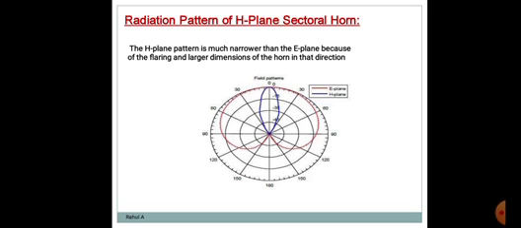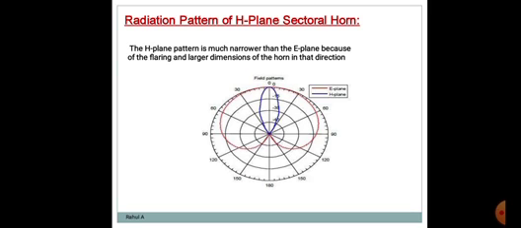Now the radiation pattern. Like in the E plane sectoral horn, where we are getting the narrower band in the E plane, here we are getting a narrower band in the H field than the E plane.